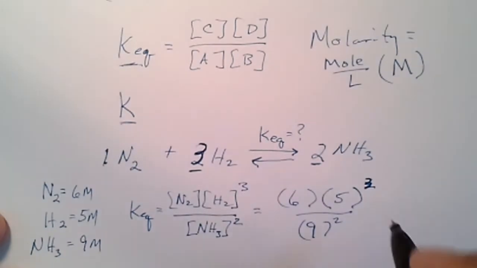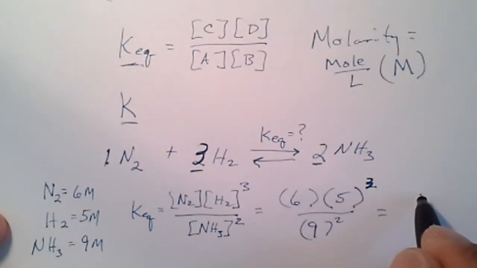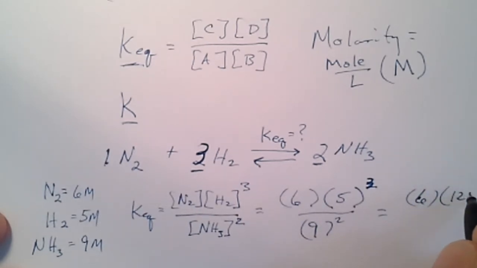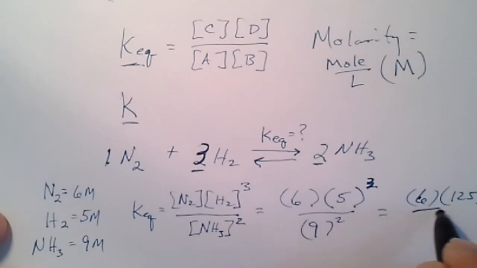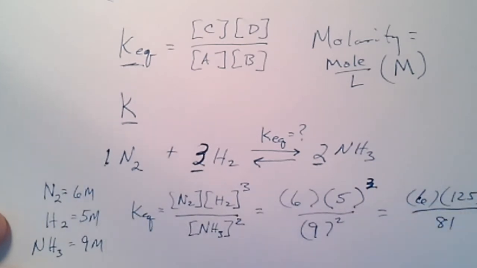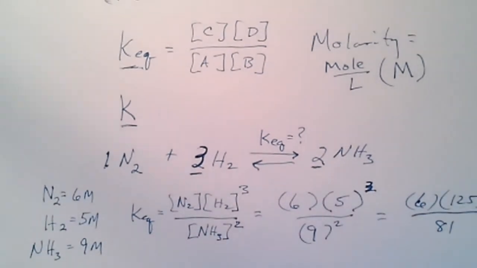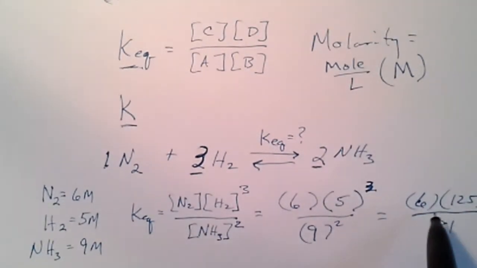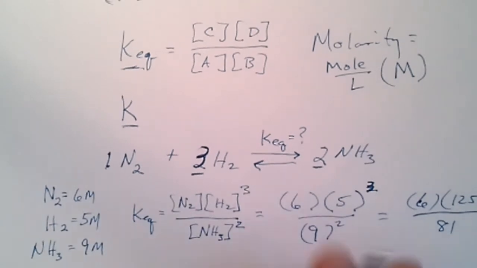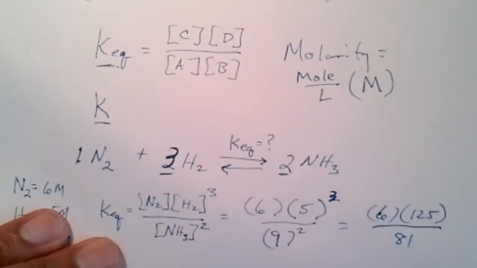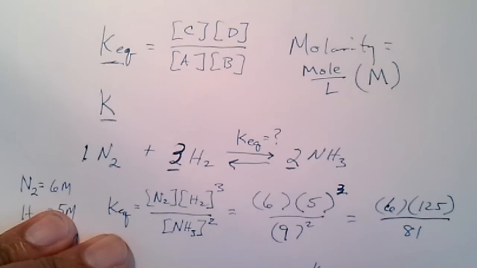Okay, so that's 6, see, 5 times 5 is 25, times 5 is 125. So that'll be 6 times 125, which is 5 cubed, divided by 81, which is 9 squared. And let's see, need to do the math real quick. But 6 times 125 divided by 81 will give us our K equilibrium.